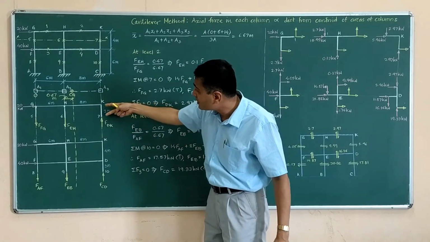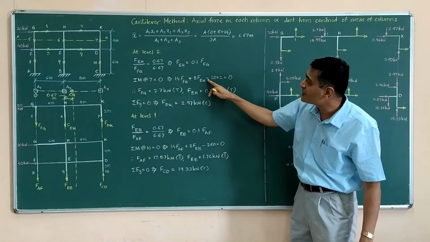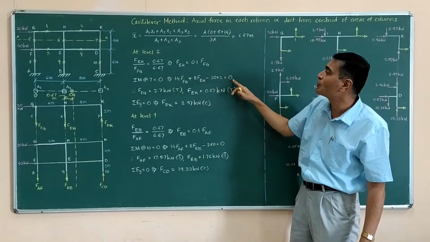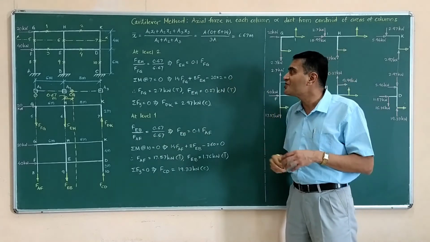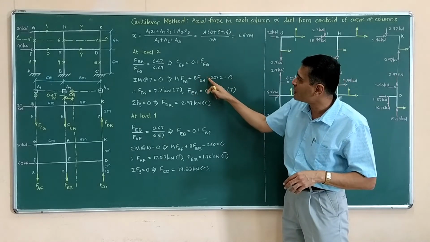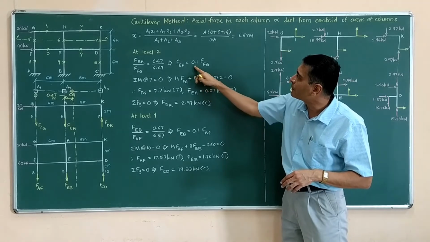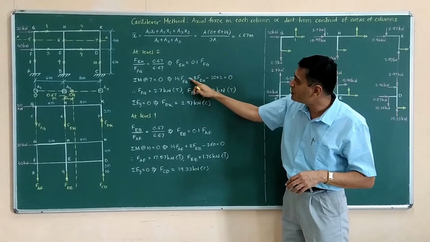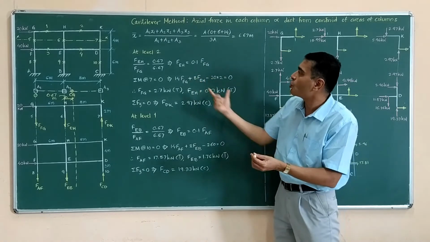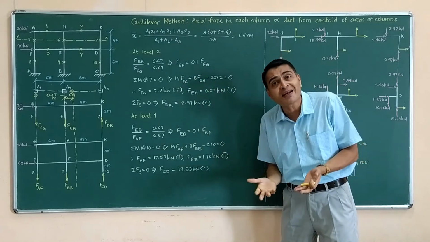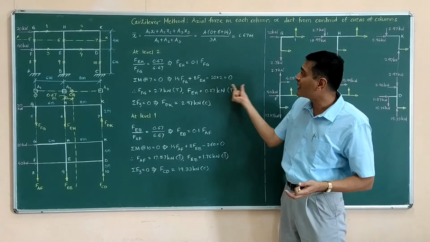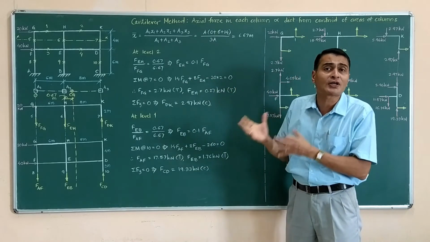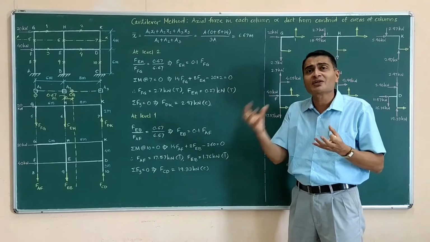That is why 2 meters here. That's why clockwise negative 20 into 2 equal to 0. On solving this equation, I will replace F of EH by 0.1 times F of FG. So this will become 0.8 F of FG, meaning overall it will become 14.8 F of FG, and on the right hand side I have 40. That's it, just make the division.